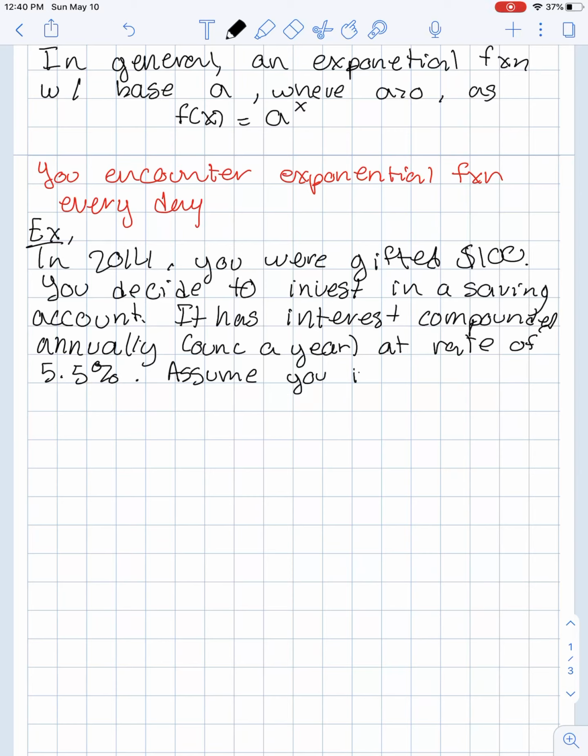Let's assume you invested all $100 and never withdrew or added more.